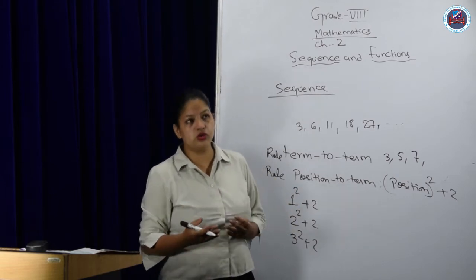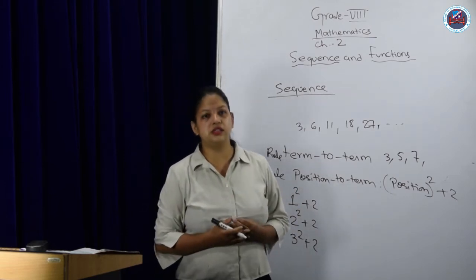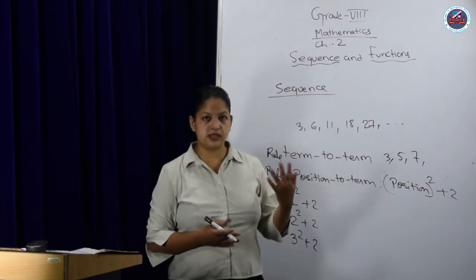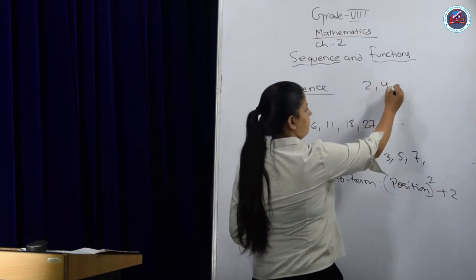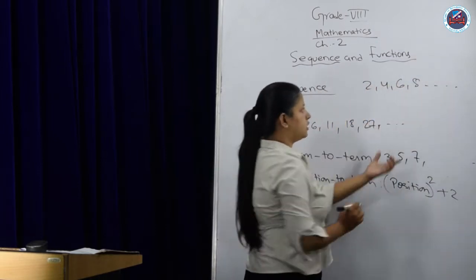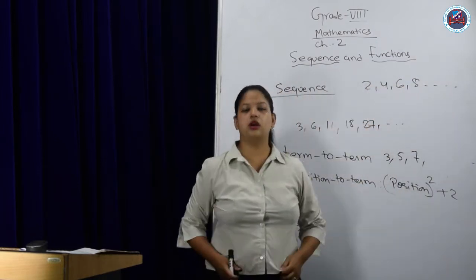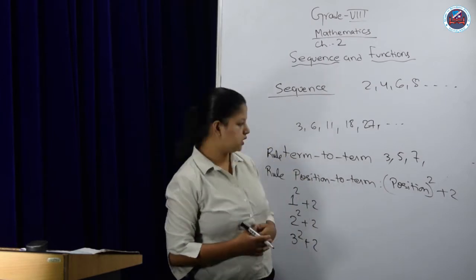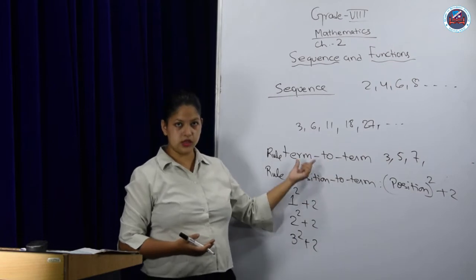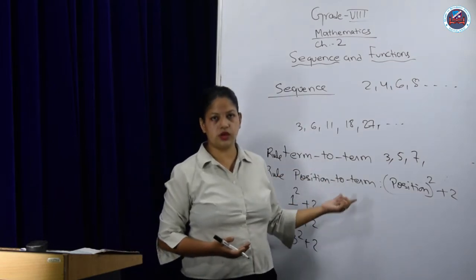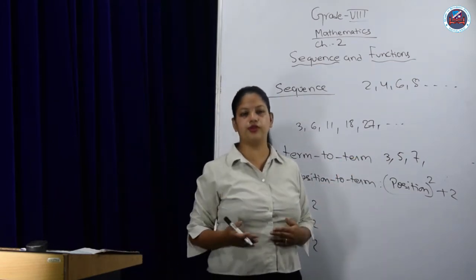And we even call that kind of sequence arithmetic progression as well. Later in grade 10 you'll be learning this kind of pattern. Where the differences are equal, we call it arithmetic progression. So this type we call non-linear, and in non-linear there are two ways, term to term and position to term. Now you have to remember this rule when we go for further questions.